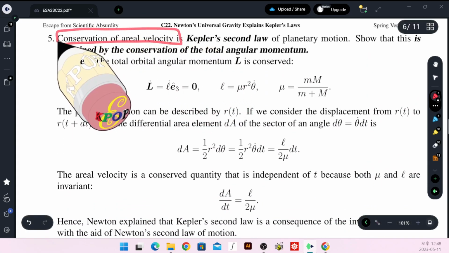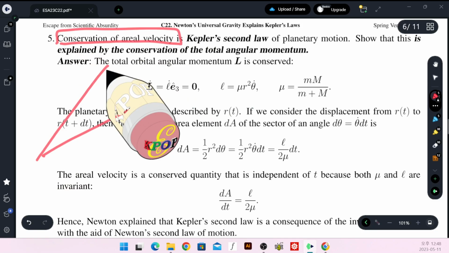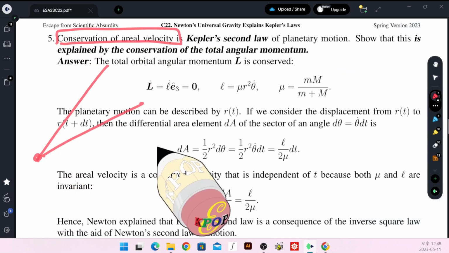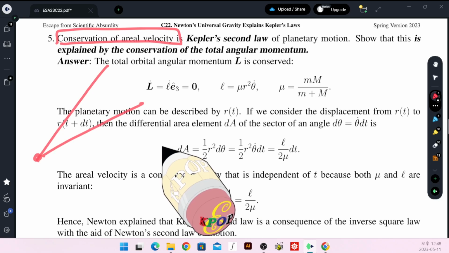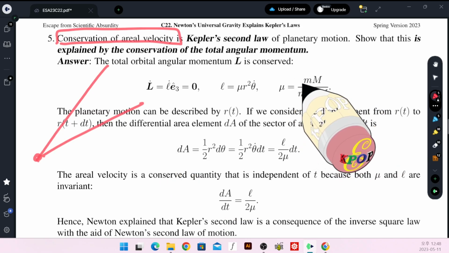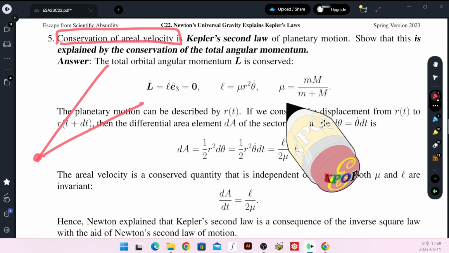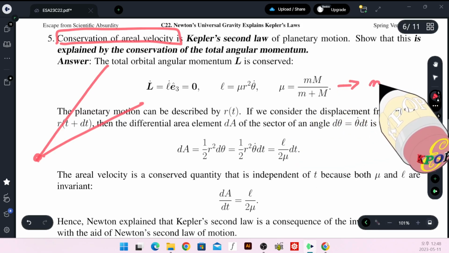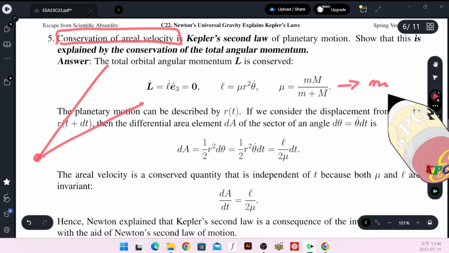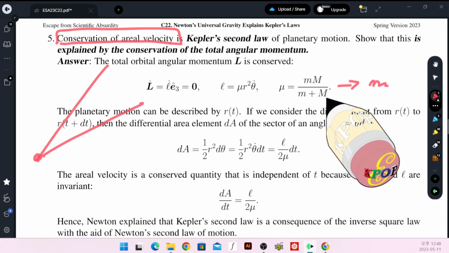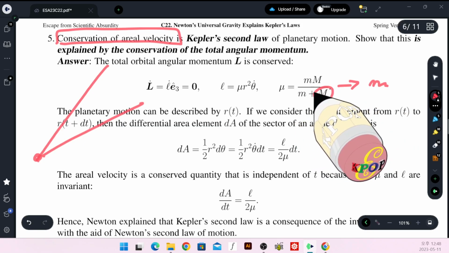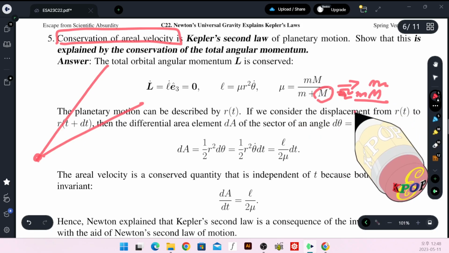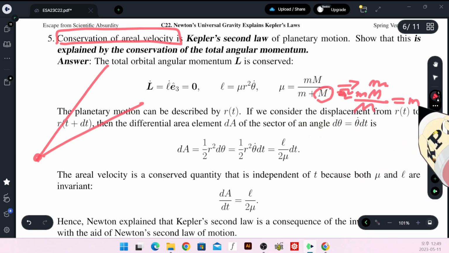As a result, conservation of area velocity is called in the limit when the sun's mass is much greater than the mass of the earth. Then the reduced mass can be approximated as small m, the mass of the earth, because capital M is much greater than small m.